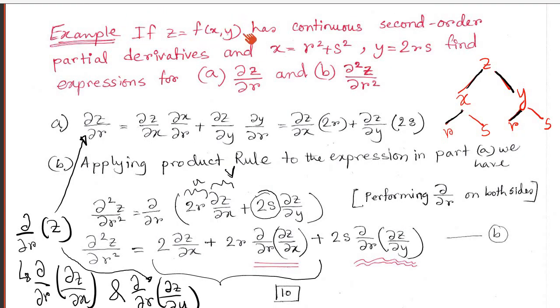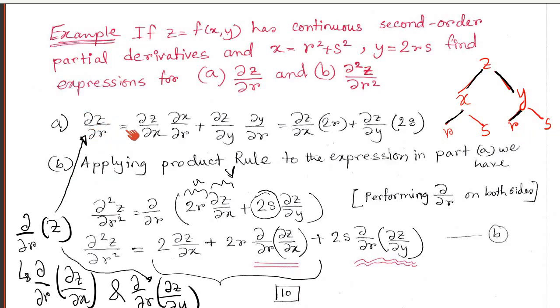If z is equal to f of xy has continuous second order partial derivative and x is equal to r square plus s square, y is equal to twice rs, find the expression for a dz by dr and b d square z by dr square. So z is presented in terms of xy, x is presented in terms of rs, y is presented in terms of rs.